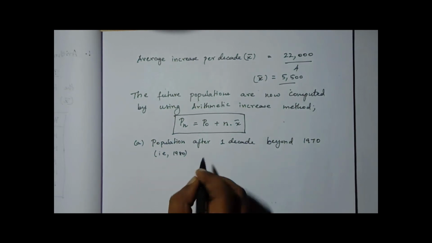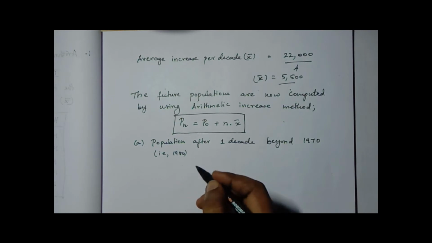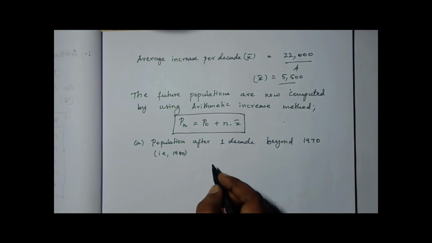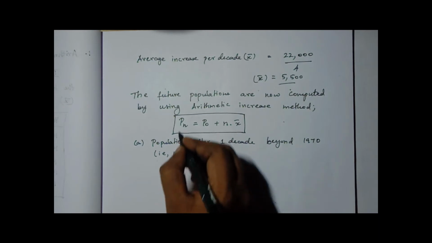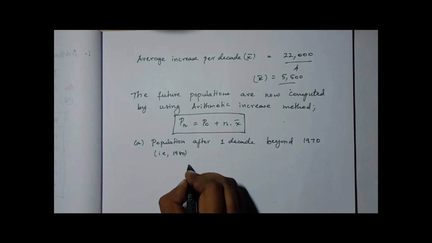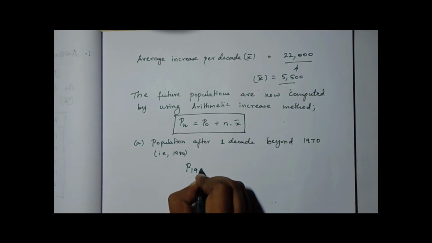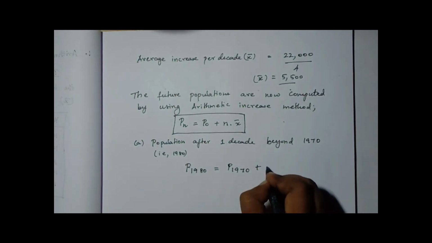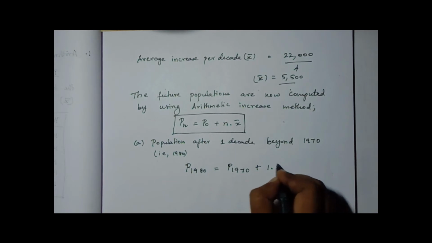We have to predict what will be the population a decade after 1970. So when we apply this formula, we get P 1980 is equal to P 1970 plus 1 into x bar.